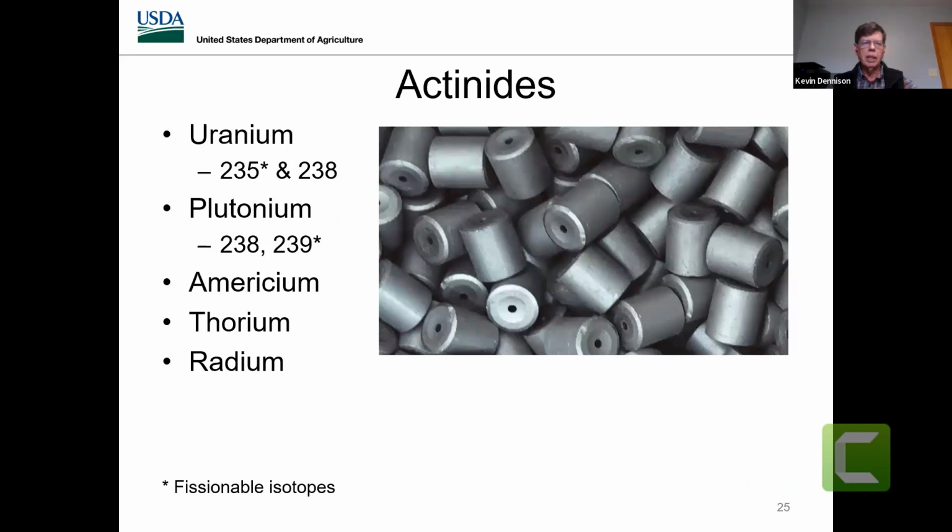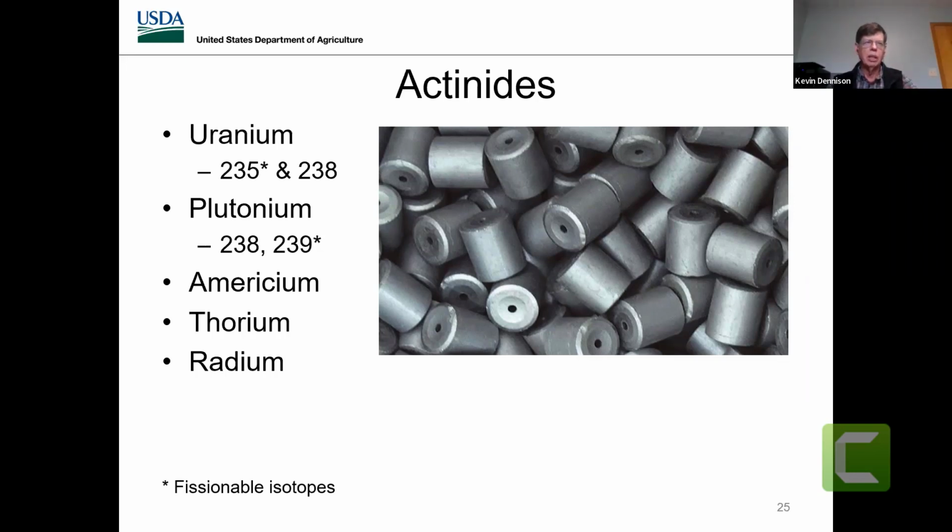Okay, so then we'll talk about the actinides, uranium-235 and 238. Uranium-235 is the one that can be used for fission, and there's plutonium-238 and 239, and several others too. Plutonium-239 is used for nuclear weapons, 238 for power generation, and you have americium, thorium, radium, there's a number of others. There is a new type of fuel that I think uses a slurry of thorium and uranium-233, that's being looked at for the small modular reactors.